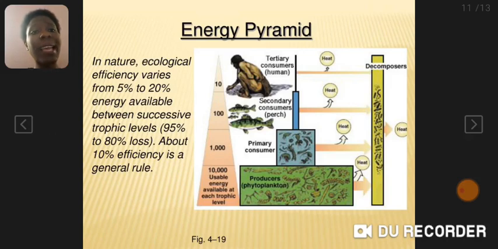So this is called the 10% efficiency. That is a general rule, and it is known as the 10% efficiency. So it's a general rule in energy pyramid that in nature only 5 to 20% of the energy will be moved from one trophic level to the other.